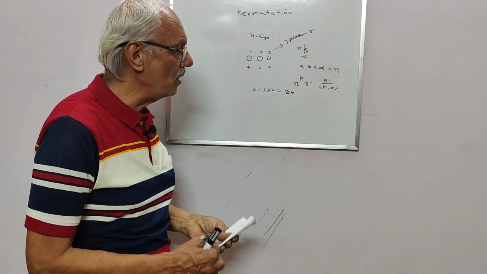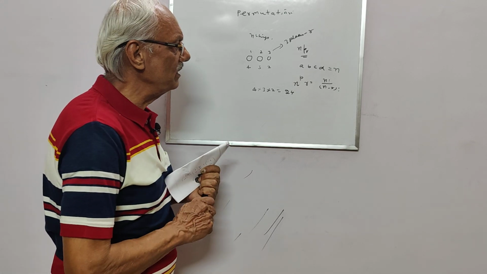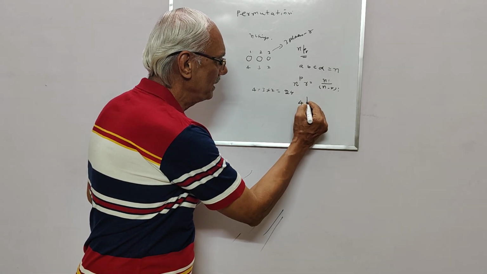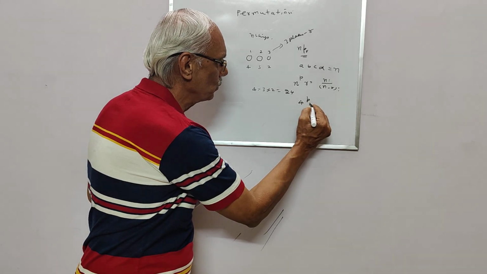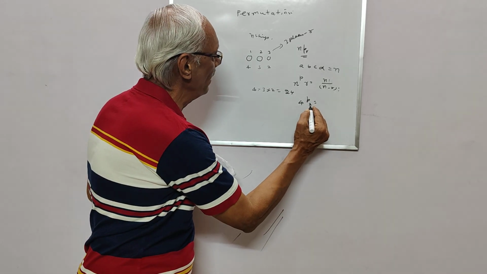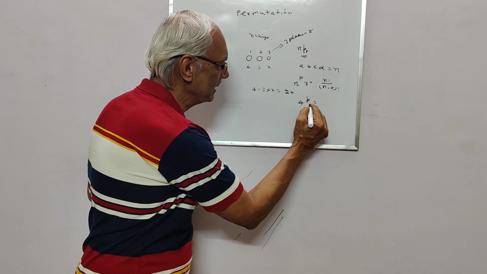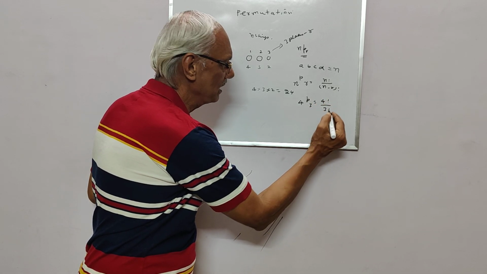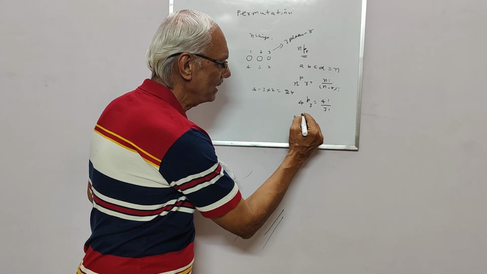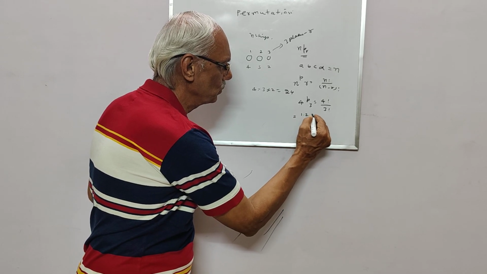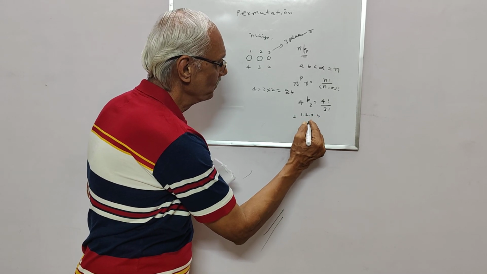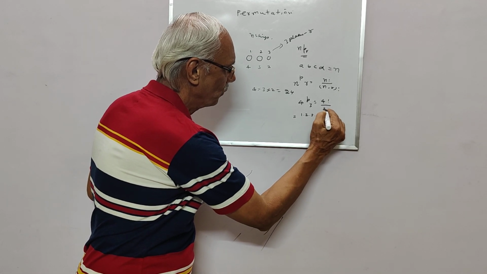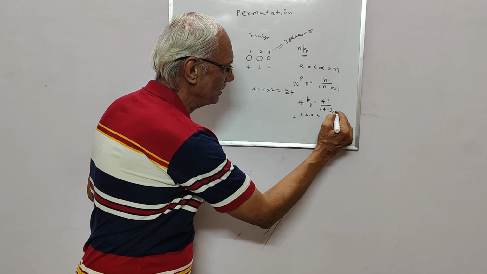Now if you are going to apply the formula here, what is the formula that you will apply? In the place of n you have got 4, in the place of r you have got 3 places. So this is 4 factorial divided by (n minus r) factorial. What is 4 factorial? 1 into 2 into 3 into 4, divided by 4 minus 3 factorial.